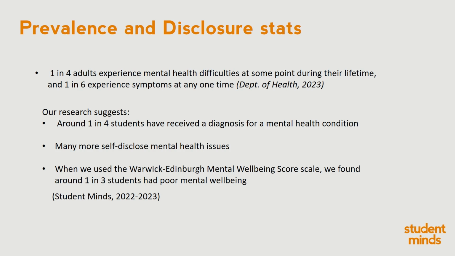Our research suggests that around 1 in 4 students have received a diagnosis for a mental health condition, but many more, around half, self-disclose mental health issues. I.e., if we say, "Do you have a mental health issue?" half of them say yes. When we used the Warwick Edinburgh Mental Wellbeing Scale, we found that around 1 in 3 students had poor mental well-being.